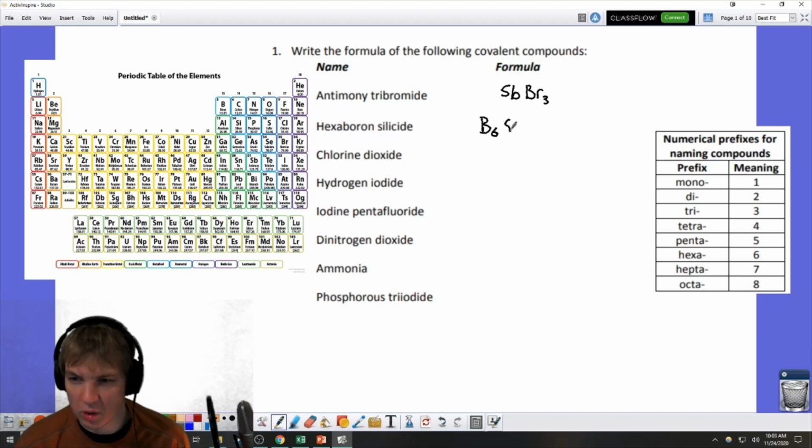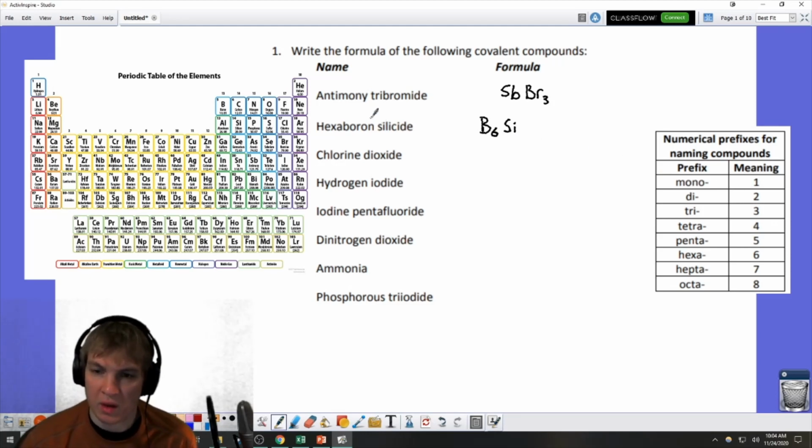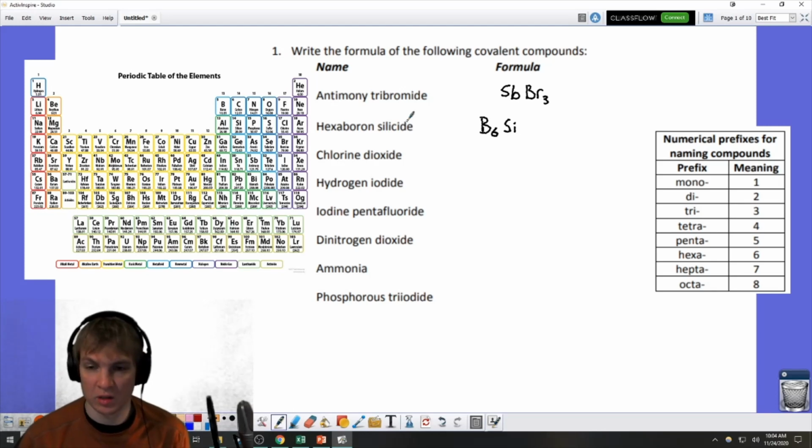Now notice there's no prefix for this one. There's no mono, di, tri. If there is no prefix, you can again assume that it means 1. Now typically we would have a mono here for the second part of the name, for the second element. We'd have monosilicide. And that is actually another name for hexaboron silicide. There's another name for it called hexaboron monosilicide. Just in this case, both happen to be correct.